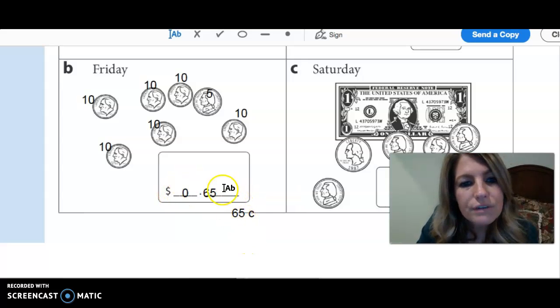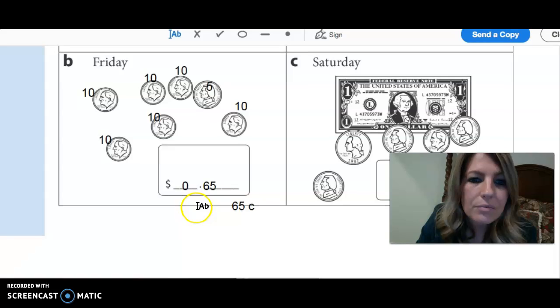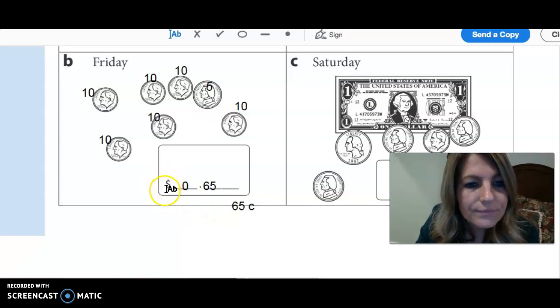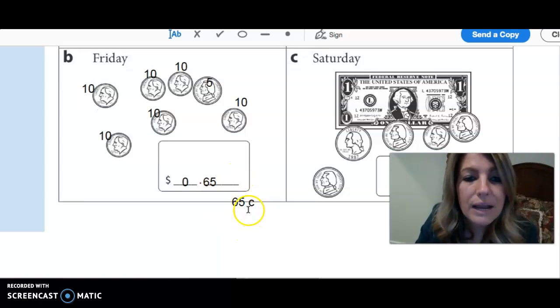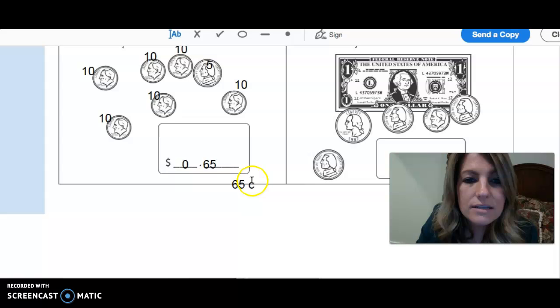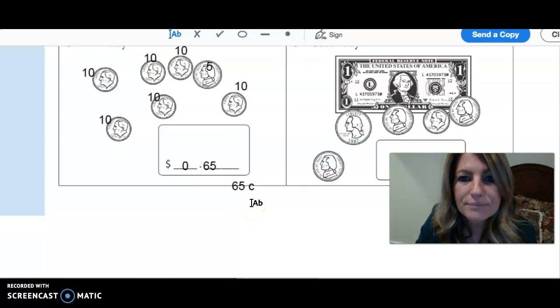So there's two different ways that we can write it. We can write it with the money sign or the dollar sign. The dollar sign looks like an S with a line down the middle, $0.65 or 65 cents. We could also write it like this, 65 cents. I just need a little line going down from my C to make it a cent sign.